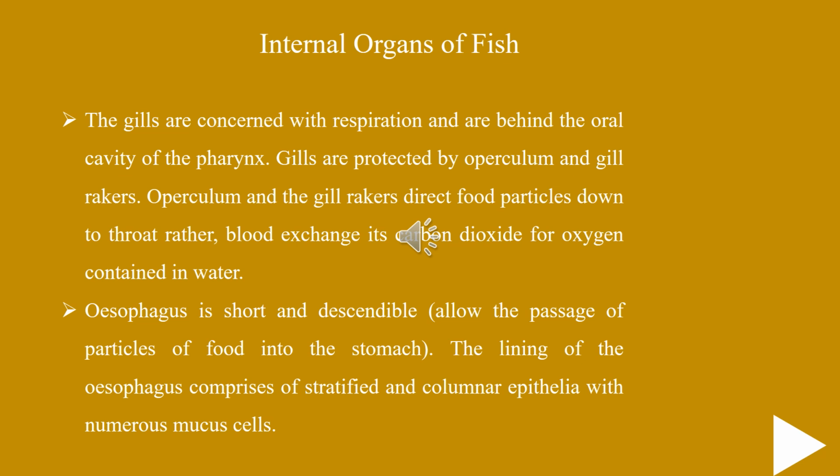Operculums and the gill rakers direct food particles down to throat rather than through the gills. Blood exchange is carbon dioxide, that is CO2, for oxygen, that is dissolved oxygen, DO, content in water.